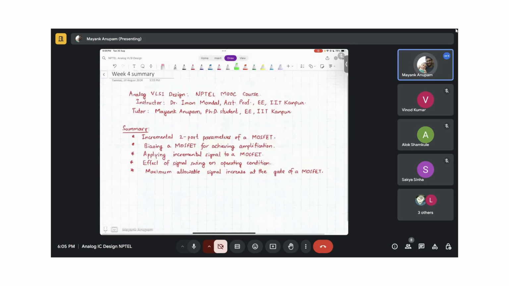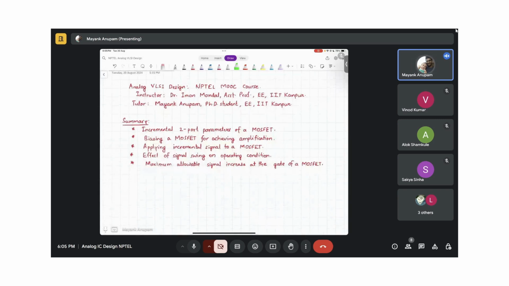Here we saw how to use a MOSFET for power amplification. First of all, we studied again that it's a non-linear device, so we have to develop the incremental model of this non-linear device.